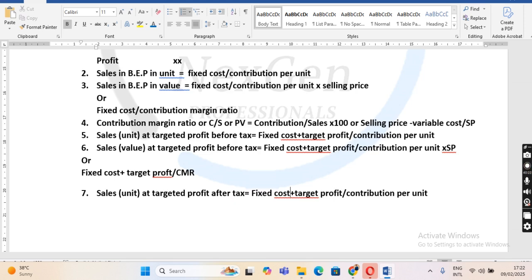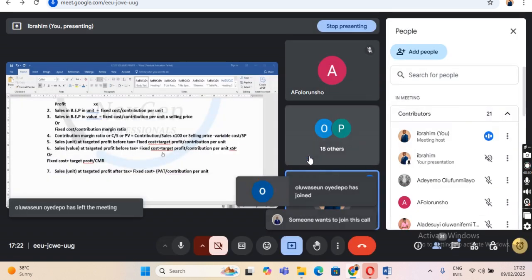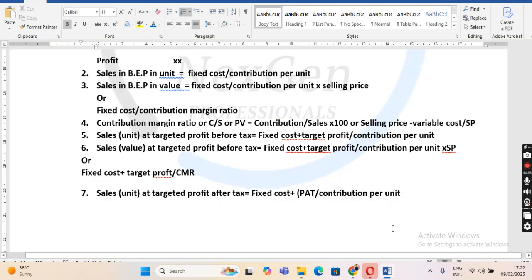So when you want to calculate this, it is still the same, but let me separate it so that you will know how it works. Fixed cost plus the profit after tax divided by 1 minus tax rate.